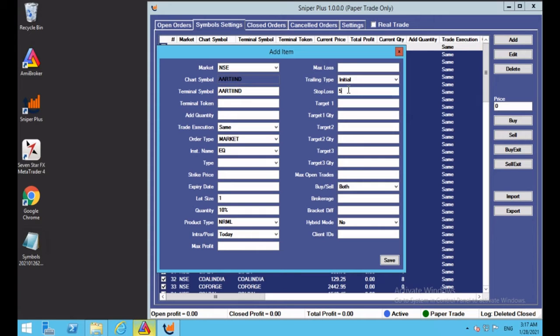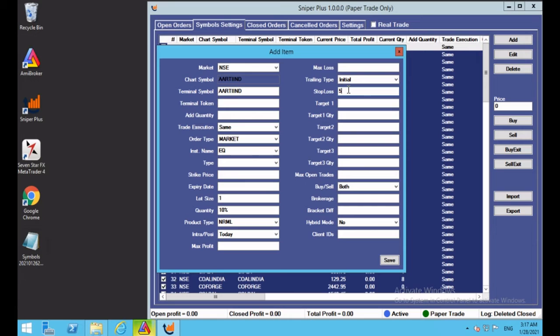So what Sniper will do is, if the trend has not changed, it will place a limit order at the buy price, 100 rupees again. And if the market is going up, it will execute the same order again at 100 rupees. It will take the order at 100 and it will go on, like if the target is achieved.